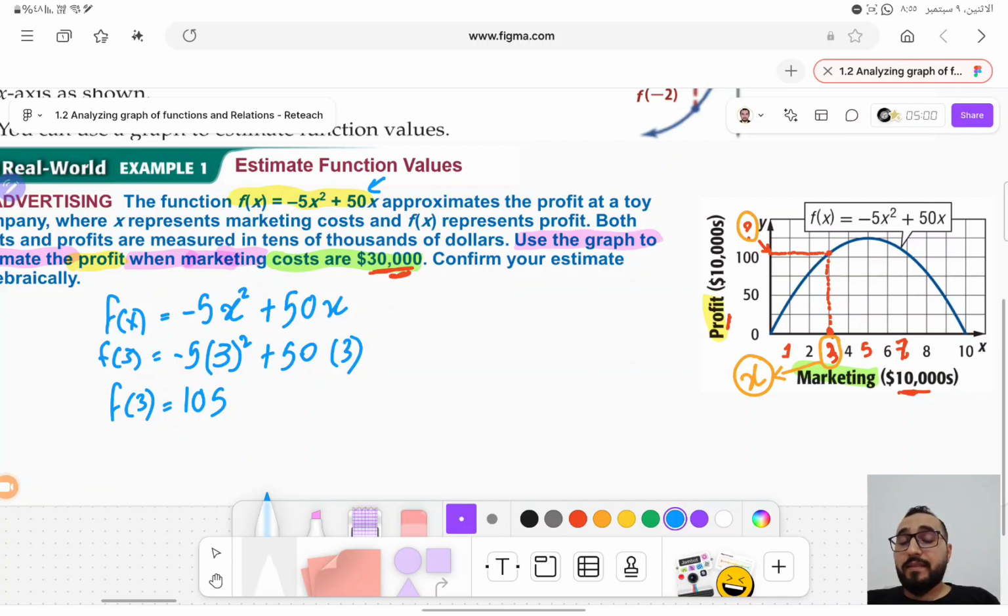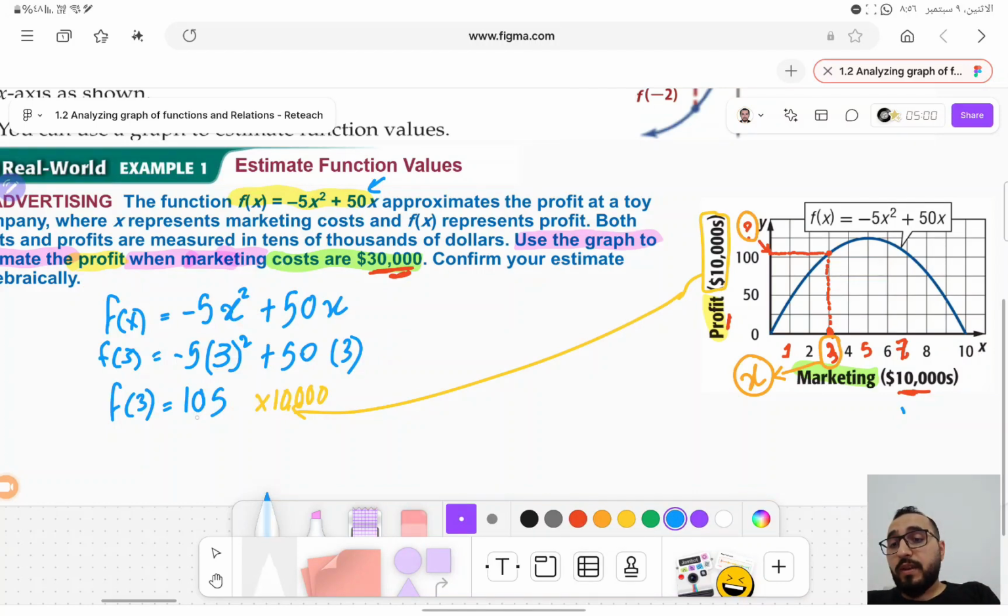So now 105 is the steps. Now if you look here, the profit means every block represents 10,000. So you have now to multiply this 105 by 10,000, so you can get the profit exactly.